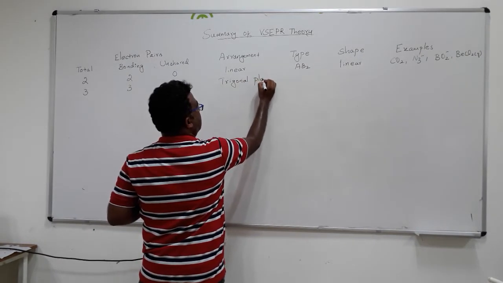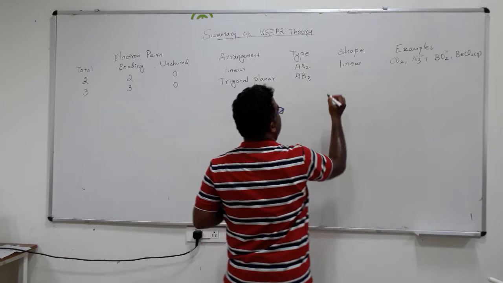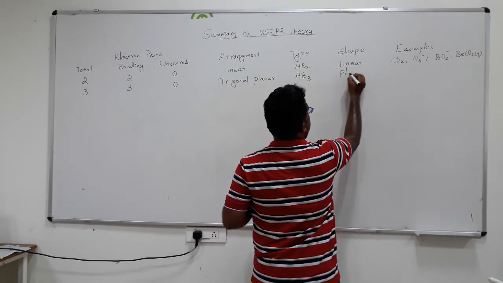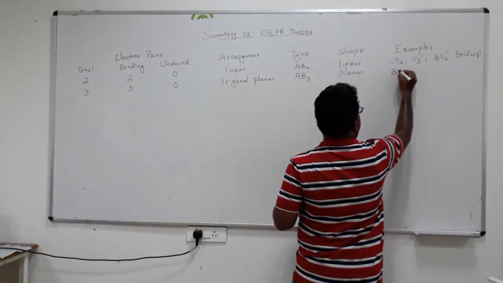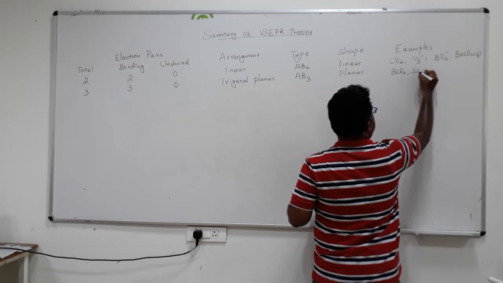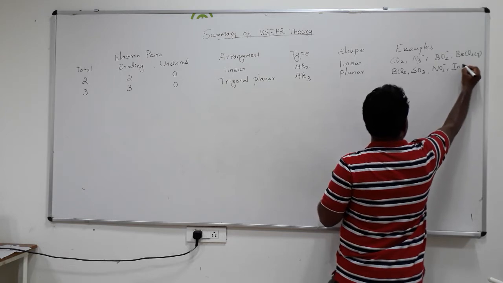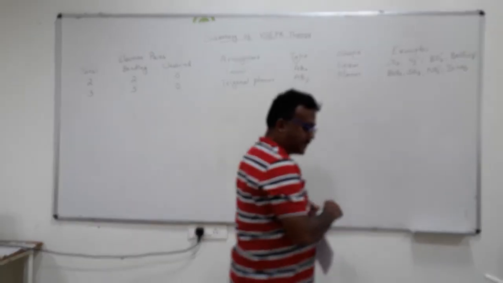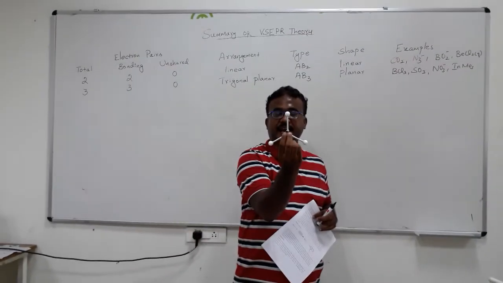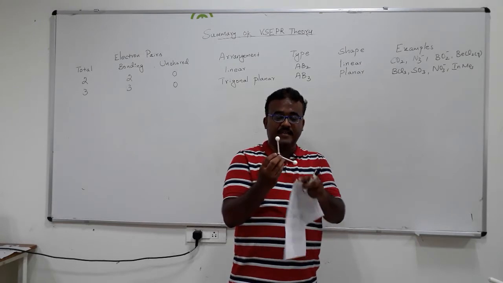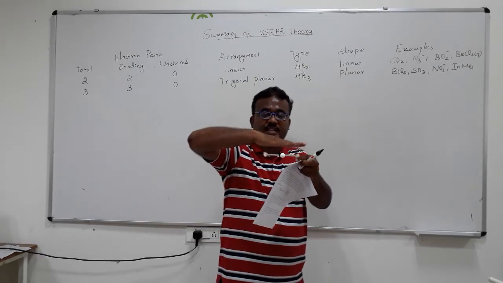The type of molecule is AB3, and the shape is planar. Examples of trigonal planar are BCl3, sulfur trioxide, nitrate ion, and trimethyl indium. These are some of the examples for planar geometry. The central atom is attached to 3 other atoms to form a planar structure.